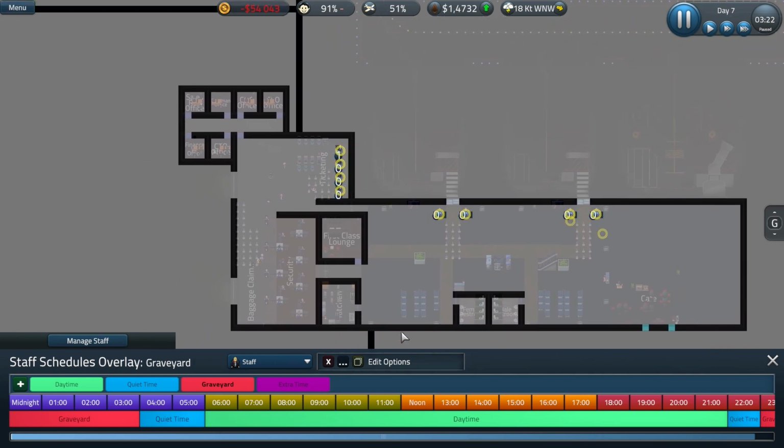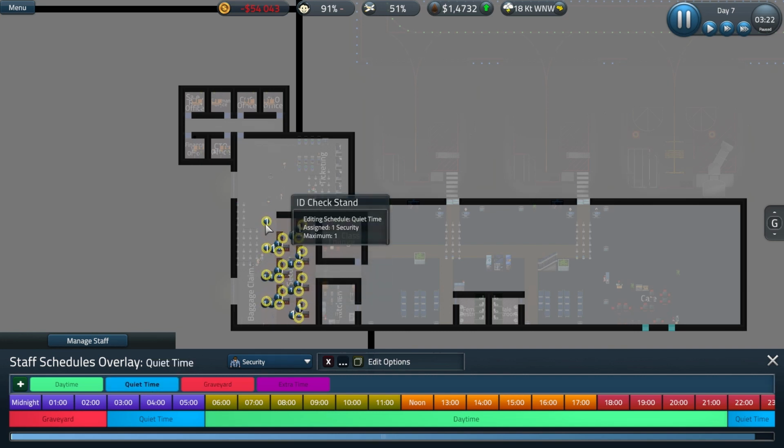That's the graveyard shift. If we have a look at security for quiet time, we are always going to have people who could potentially want to walk through, but through the quiet times, let's just keep the numbers down.